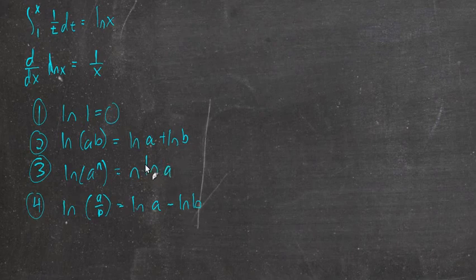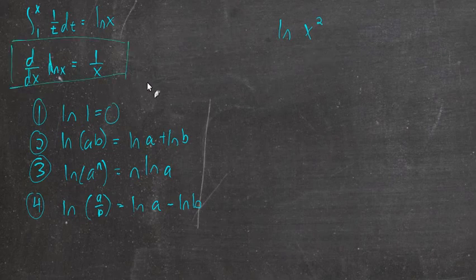So now we have the ability, if we have the natural log of some somewhat complicated function, to take the derivative of that function. For example, if we had the natural log of x squared, well, keep in mind we can only take the derivative of the natural log of x.